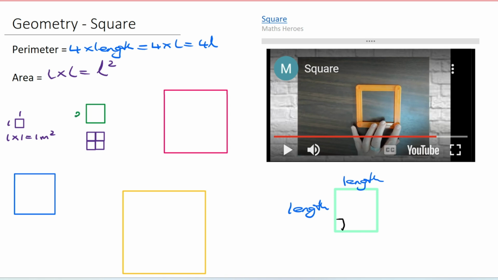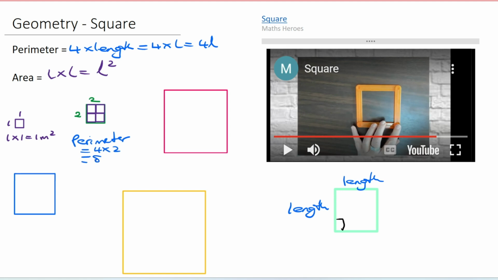If I had a 2 by 2, I could put my little 1 squares over the top of it, and I could see that I have an area of 4. So even though I've got a perimeter of this shape, so the perimeter is 4 times 2, because it would be 2 plus 2 plus 2 plus 2.